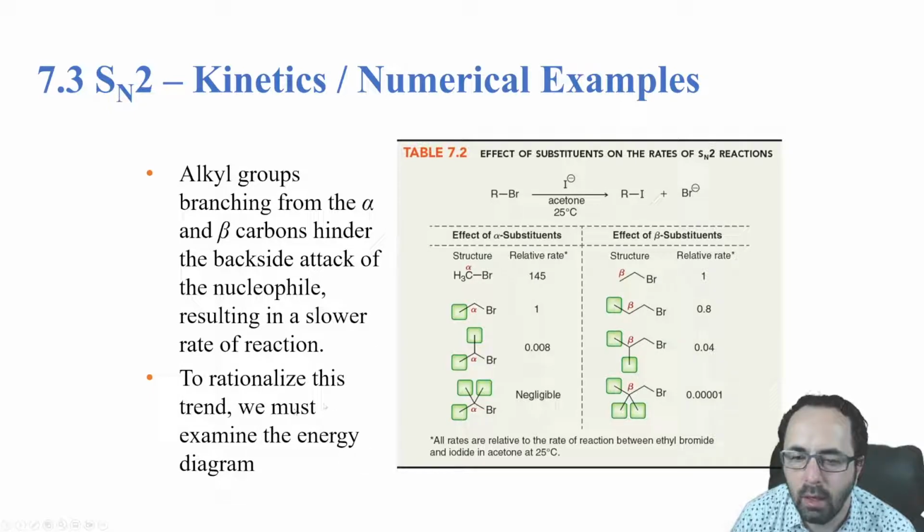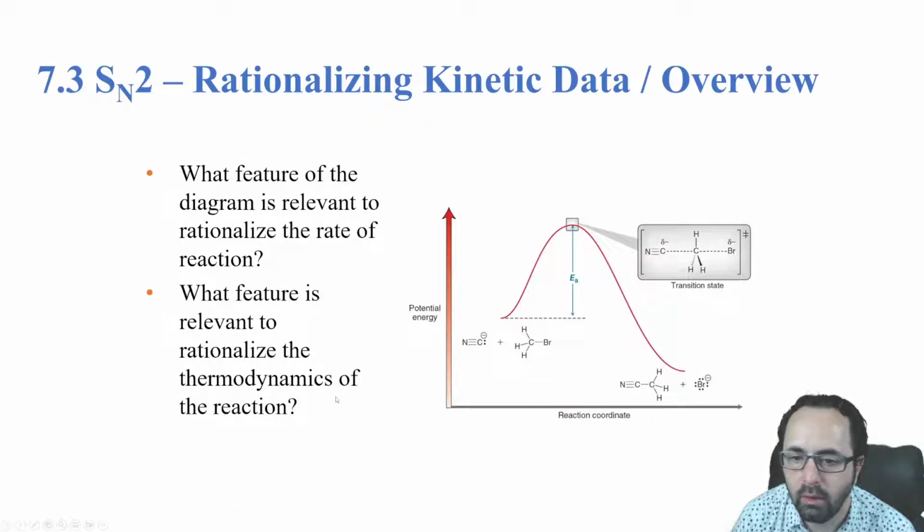So let's look at an energy diagram that tries to describe this. In order for this reaction to occur, we have to get to this transition state in which the bromine, in this case being the leaving group, is beginning to leave, and the cyanide, which is the nucleophile in this case, attacking, is beginning to form a bond with the carbon. And we have that right here. The bromine-carbon bond is partially broken.